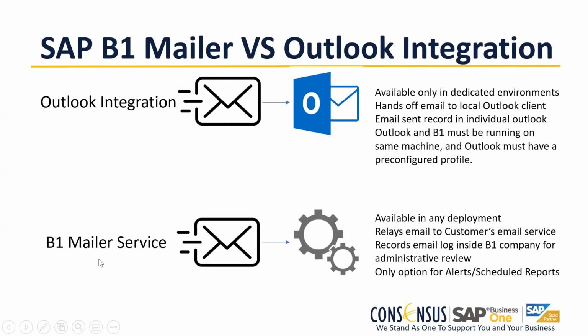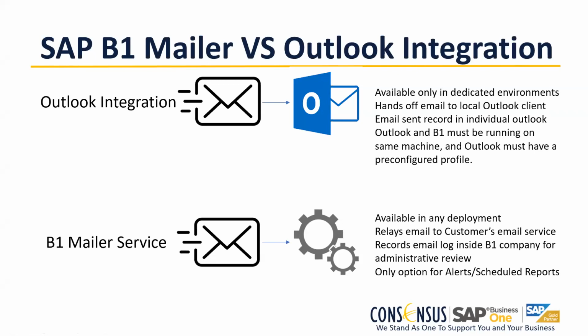I just wanted to mention another difference here, and that is that when you have Outlook integration, it's a little bit harder for the administration team or your supervisor, for example, to modify or really check, monitor what you're sending out of Business One as far as emails. But when you have the B1 mailer service, there's a report that comes included in the system, and everything is logged inside the system.